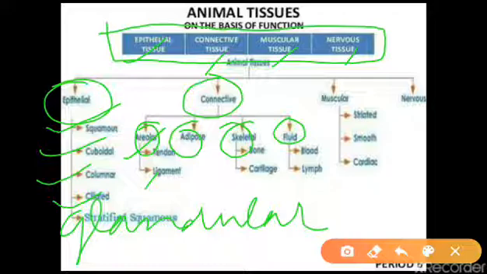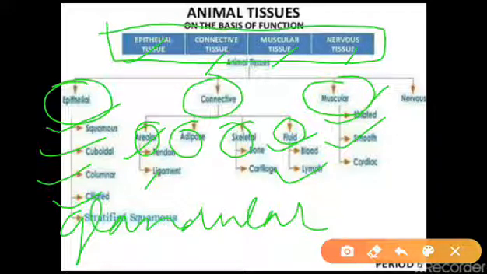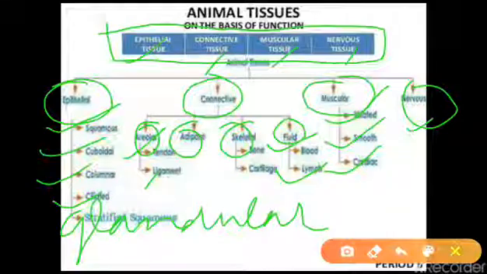In the fluid connective tissue we have blood and lymph. The third one is the muscular tissue, which has striated, non-striated and cardiac muscles. The last one is the nervous tissue, which has no extension, but the other three have extensions.